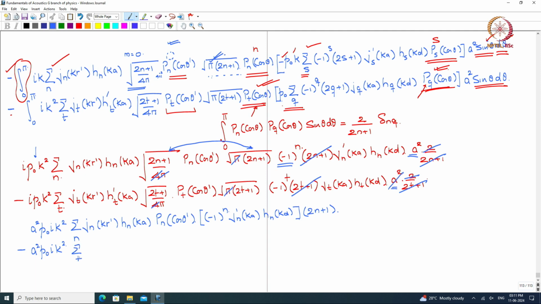Summation over t, jt of kr dash, h dash t of ka. Then Pt of cos theta dash, minus 1 to the power t, jt of ka, ht of kd, and 2t plus 1.